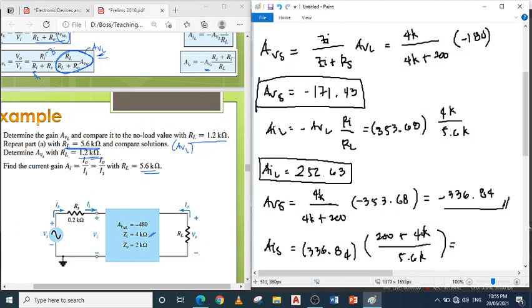Here we have 252.63. So 252.63. Okay? So as you can see, yung AIL natin, okay, is equal to AIS or equal to AI. Okay? So kahit isa lang gamitin ninyo, okay lang siguro kasi the same lang naman.